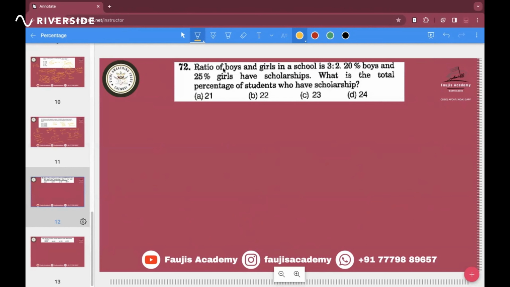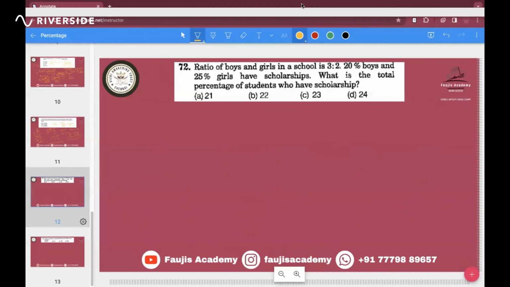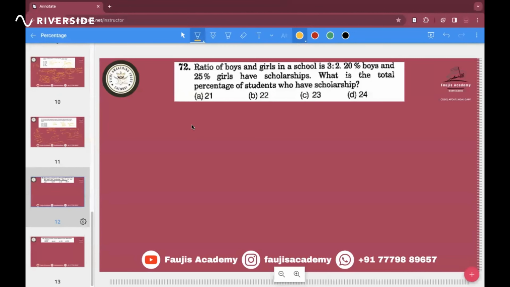Tell question number 72. I'll start solving meanwhile. You think through it. The ratio of boys and girls in a school is 3:2. 20% of boys and 25% of girls have got scholarships. What is the total percent of students who have scholarships?